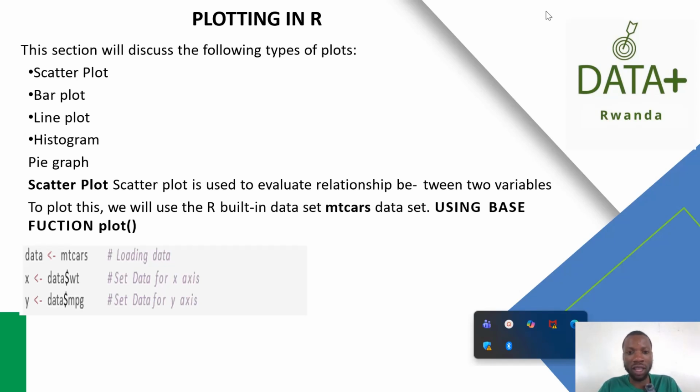Those variables should be numerical if we are using a scatter plot. Let's say, for example, I want to see the relationship between salary and experience. One should be the dependent variable and the other the independent variable.